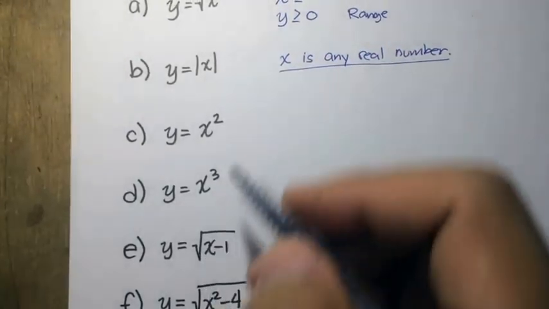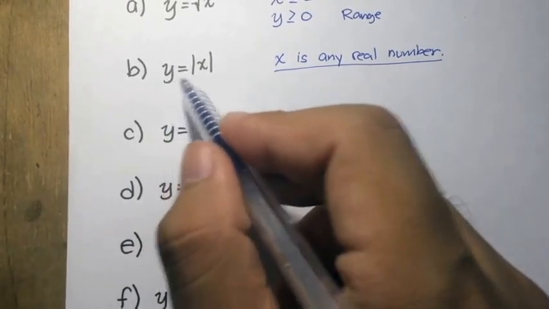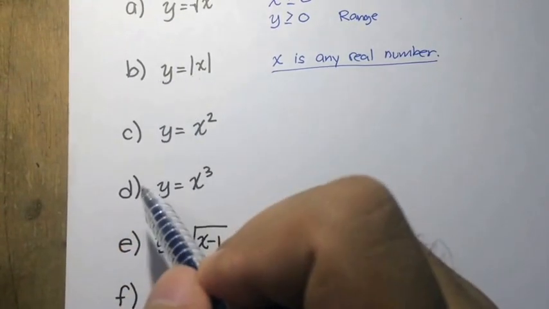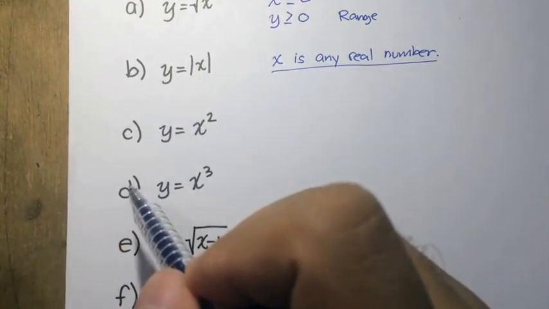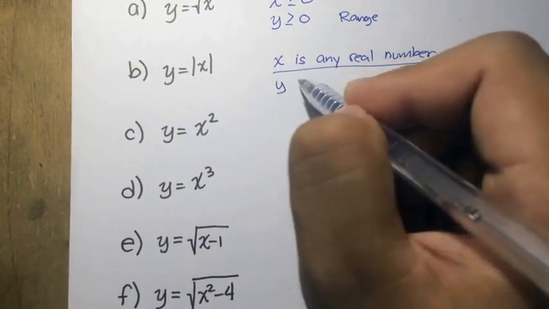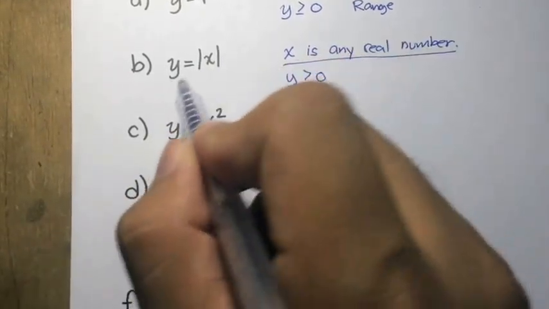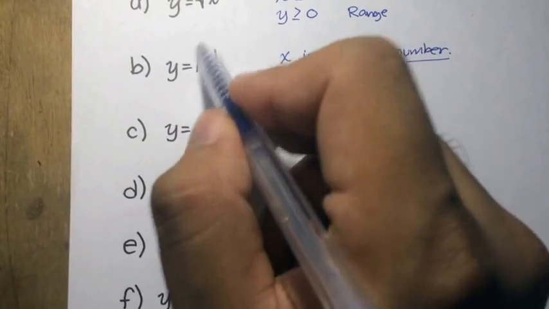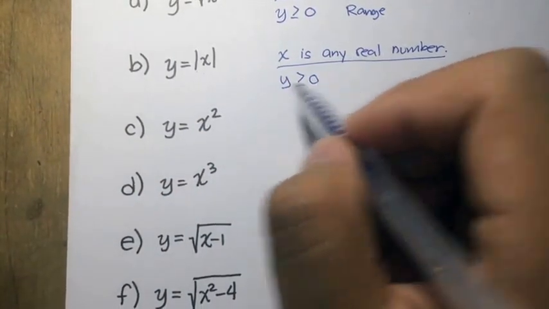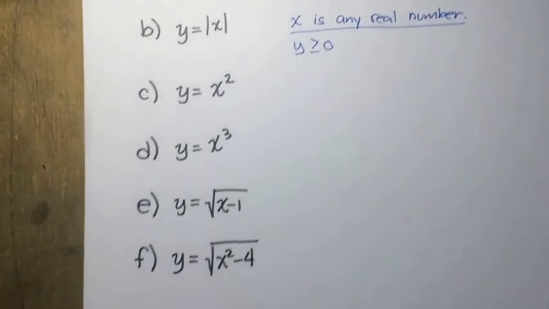And for y, since this is an absolute value, no matter what I put here, the result will always be a positive number or equal to 0. So, y should always be greater than or equal to 0. By inspection, it would not be a negative number because this is an absolute value. It tells us that it's either a 0 or a positive. So, this is my range for letter B.